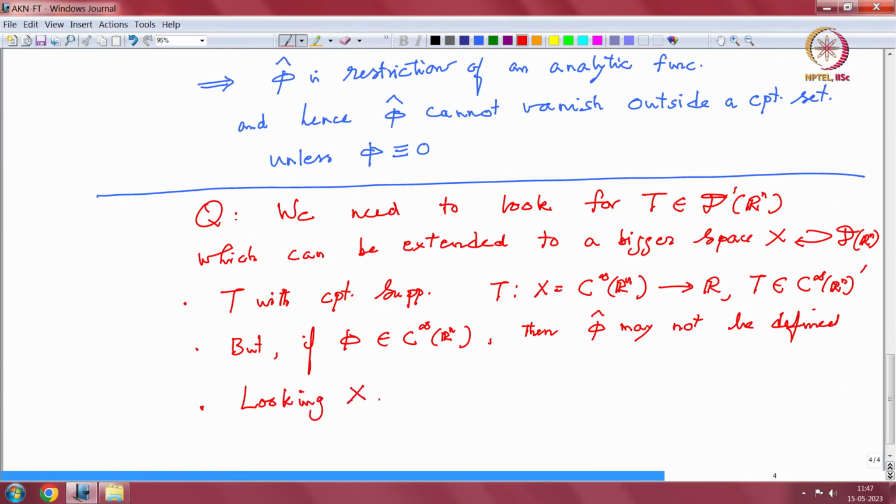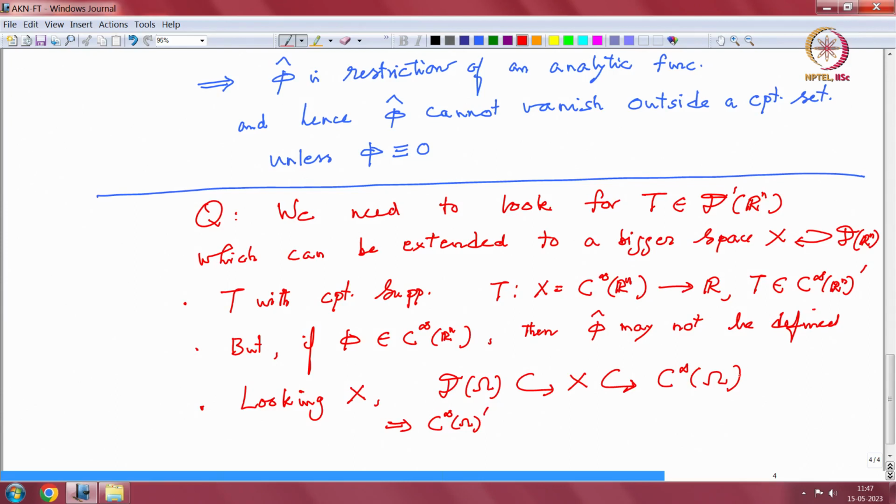Okay. So that forces us to look for some X space such that D of omega is contained in X and contained in C infinity of omega, and which will hopefully give C infinity of omega dual, and that is E prime. The notation E is used.